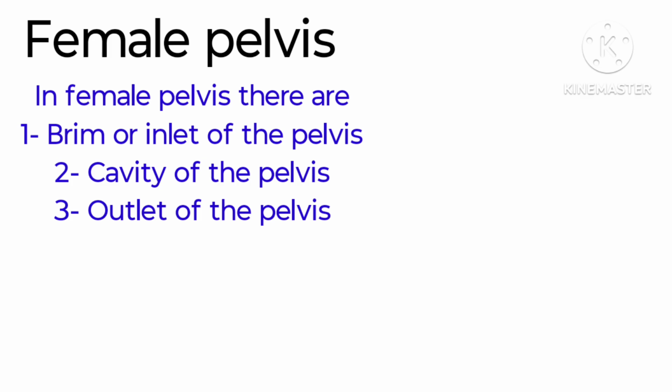In the female pelvis, there are the brim or inlet of the pelvis, the cavity of the pelvis and the outlet of the pelvis. You will study the diameter of the brim, the diameter of the cavity and the diameter of the outlet of the pelvis. First we will study the diameters of the brim.